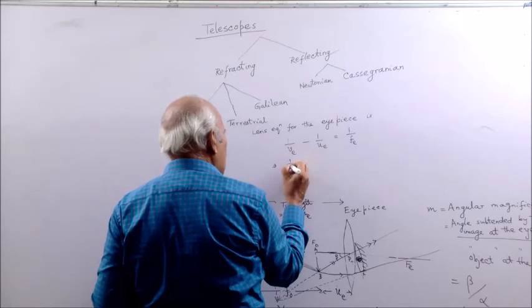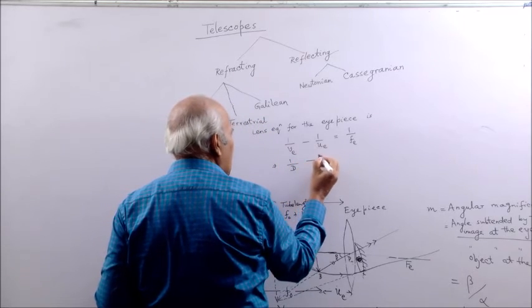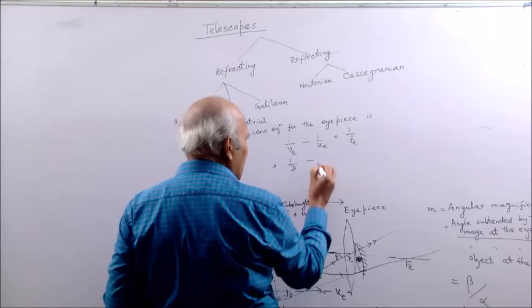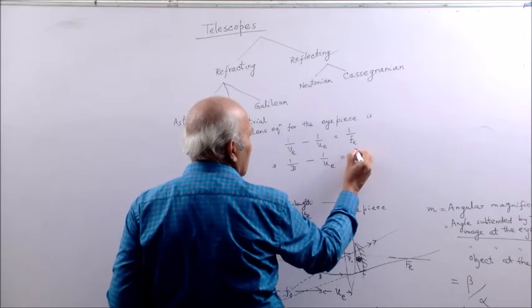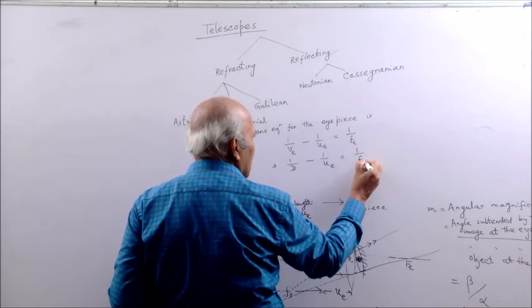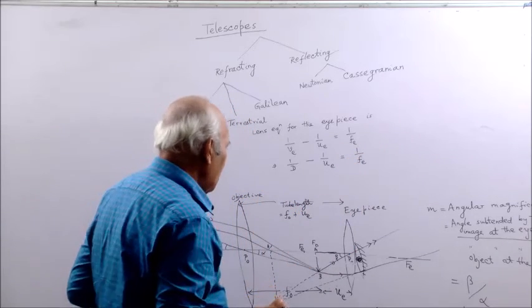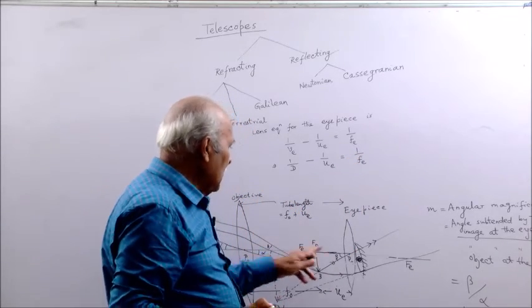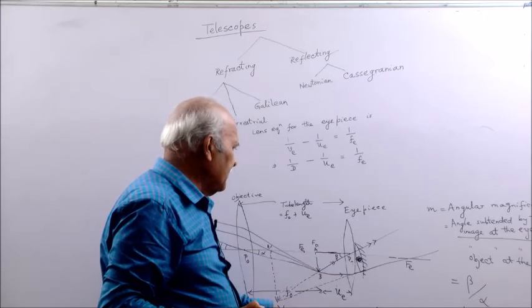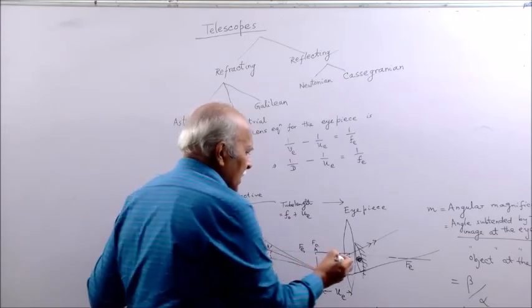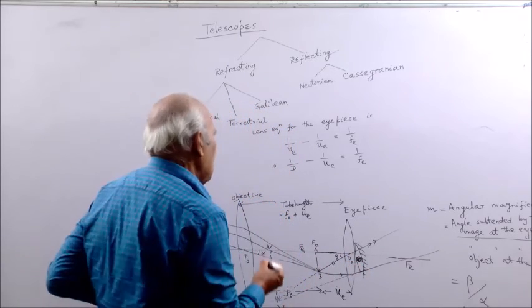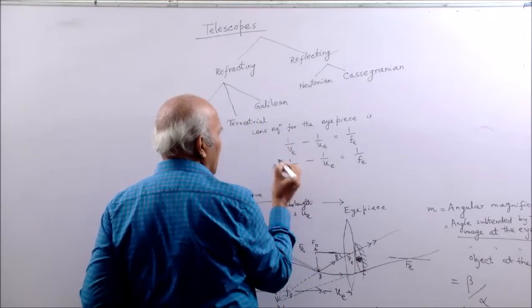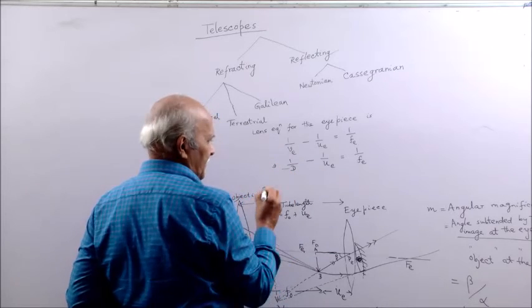So, it is 1 by D minus 1 by UE is your 1 by FE. But here you have to be careful, because the D is measured from the PE, that is your optical center of the eyepiece. So, we have to put a negative sign due to sign convention.